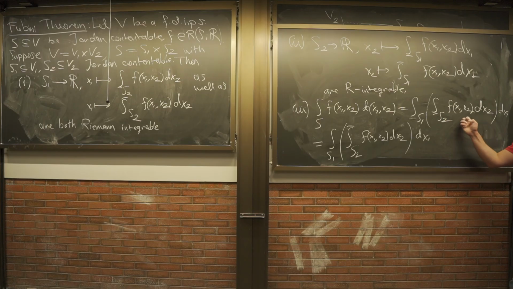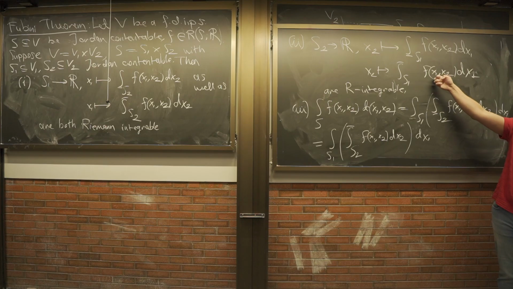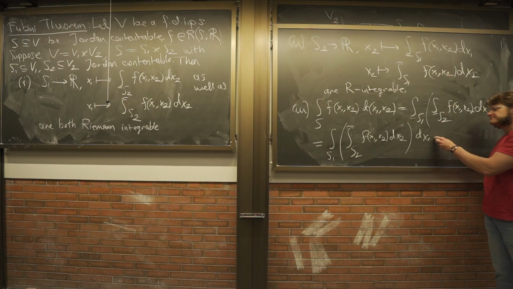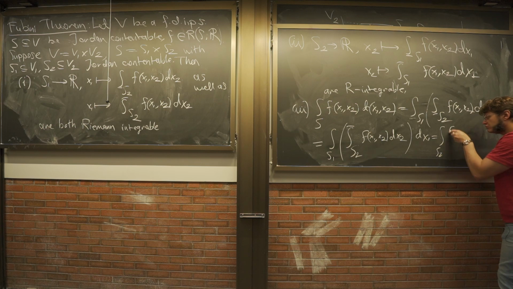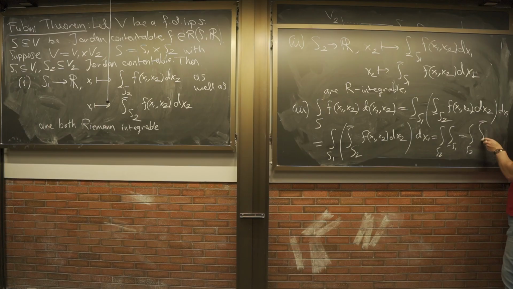And there's nothing special about this order. You could switch the order as well. We can apply the same thing here too. I'm not going to write it. Let me just write it like this. S2, S1, S2, S1. And this is one of the things that makes it very useful.